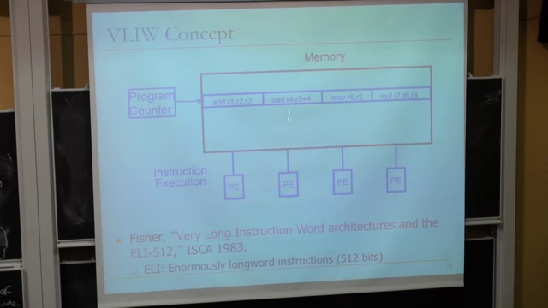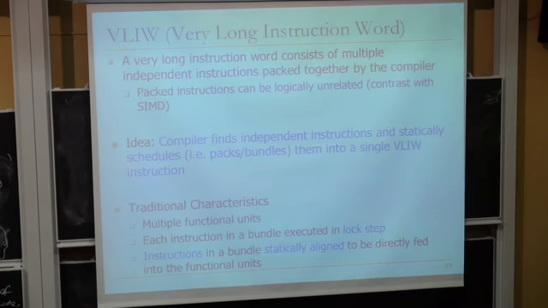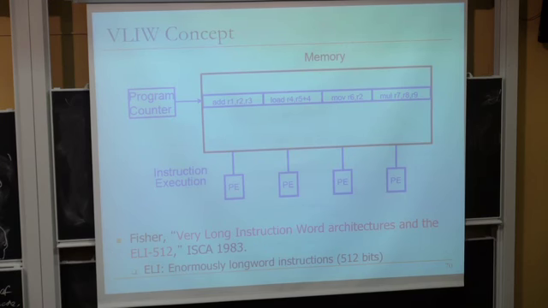So if any instruction stalls here, the whole instruction stalls. Instructions in a bundle are statically aligned to be directly fed into the functional units. Again, the goal is to make hardware simpler. Hardware should not detect dependencies between instructions, and hardware should not figure out which instruction should go to which functional unit.